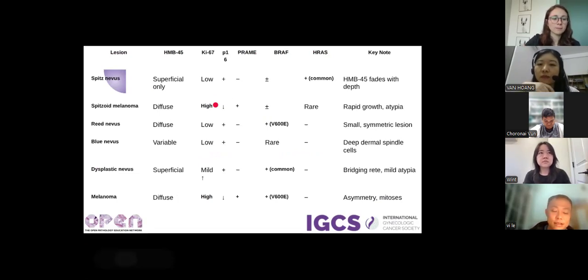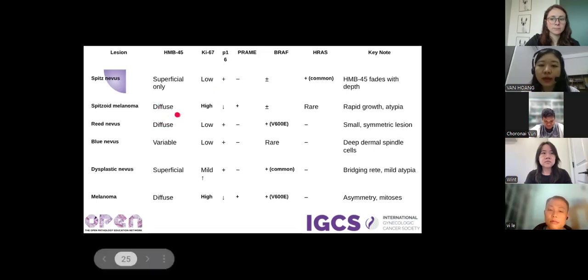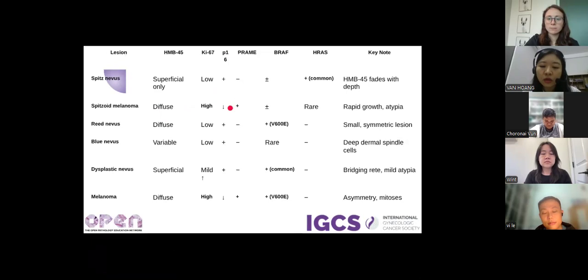Okay, let me see. Ki67 is the marker of the active tumor, so it depends on the type of tumor. I just remember that in lymphoma, we call it low if it's less than 10%.